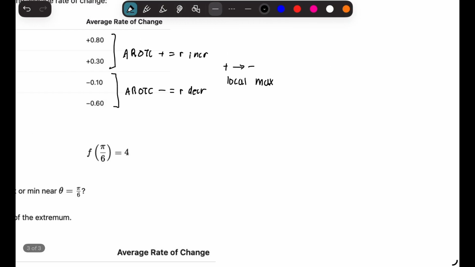So that means that the max is near the boundary. Our boundary is 0.54, so we can say that it's approximately 0.54.